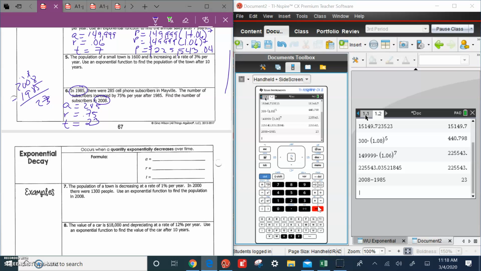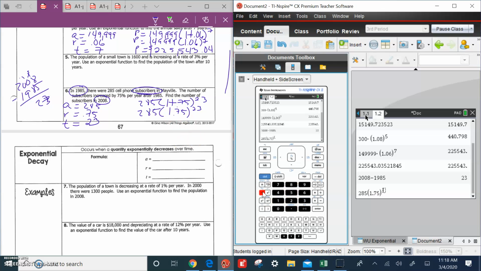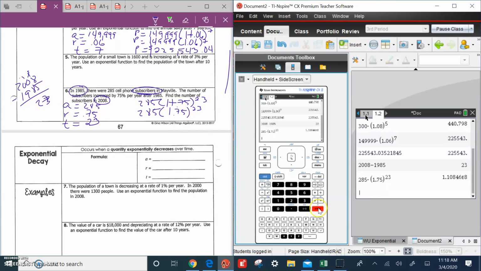Make sure that you don't round up because it is subscribers. So that is 285, 1 plus 0.75 raised to the 23. So 285, 1.75 raised to the 23. Then you type it in. Okay.